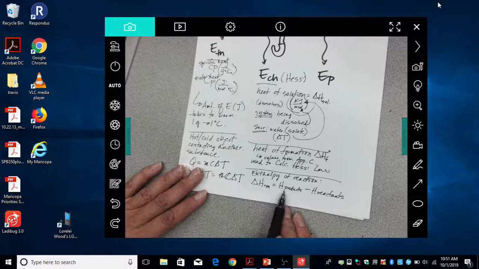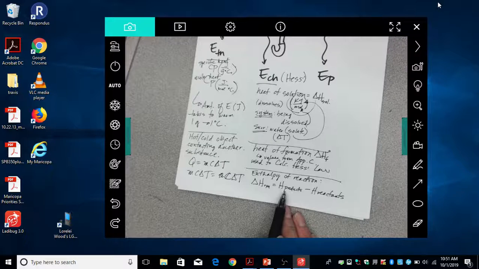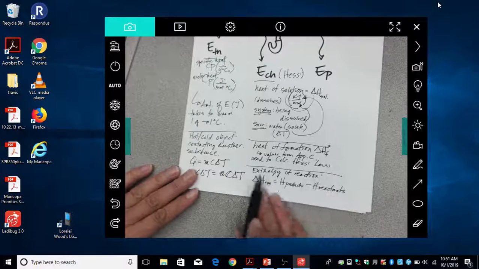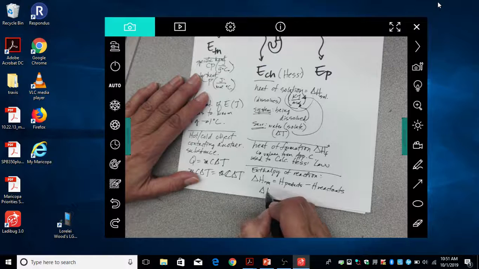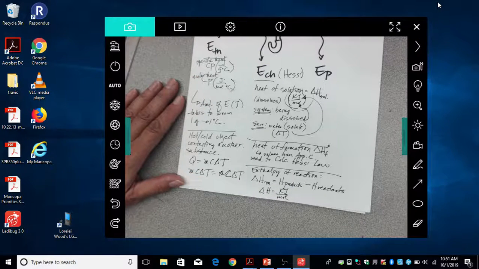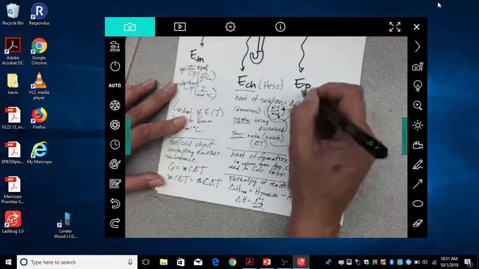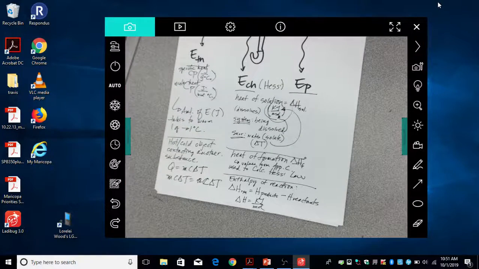When they create products, some of that energy is stored in the new bonds, and the overall enthalpy, whether it's positive or negative, depends on which one pays you more or costs you more in the long run. So enthalpy of reaction is delta H values, which you want to think about as kilojoules per mole. And finally, we have the phase change types of problems that we haven't talked about yet.